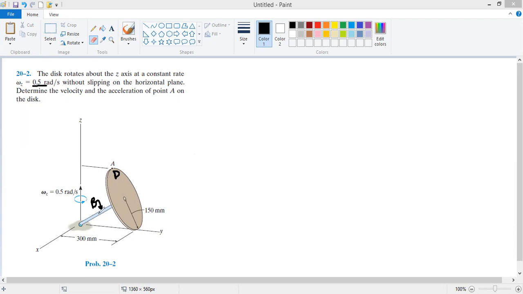The rotation of the bar with an angular velocity of 0.5 radian per second causes the rotation of this disk as well about the z-axis with an angular velocity of 0.5 radian per second.